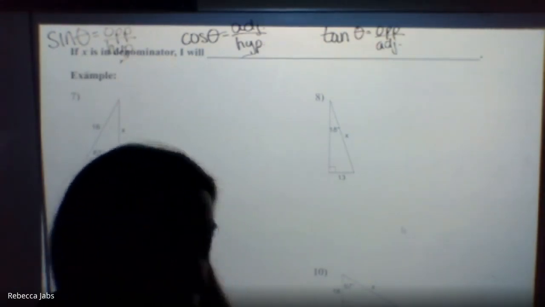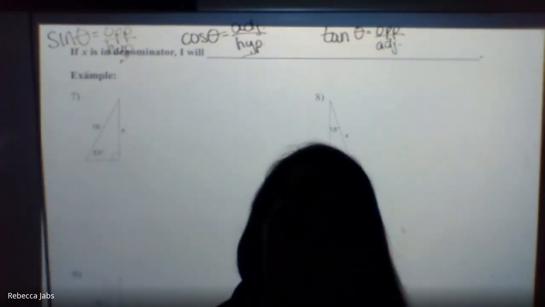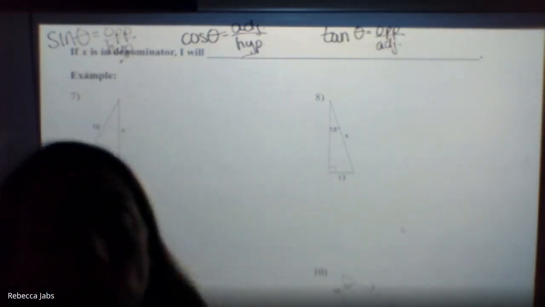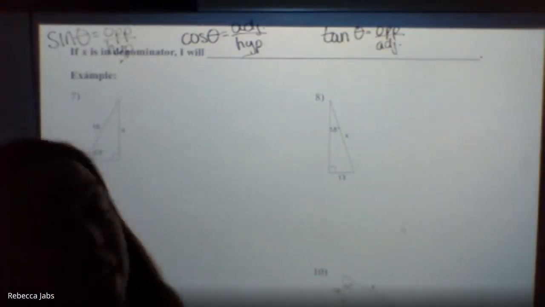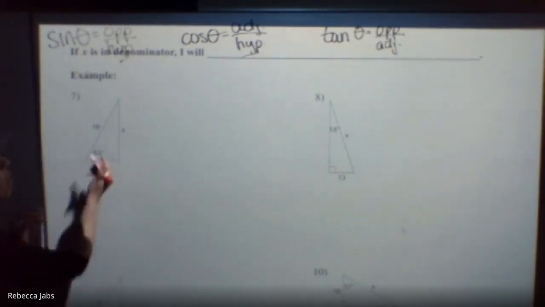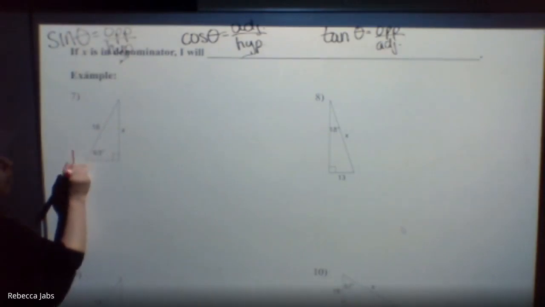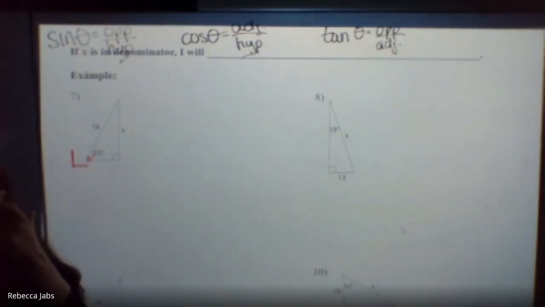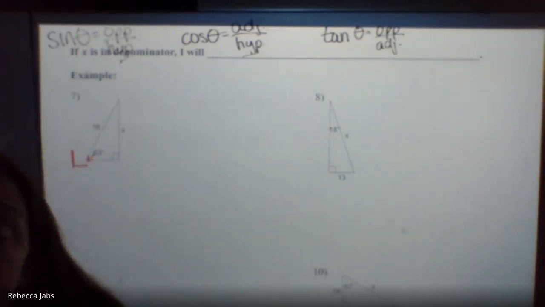Leasia, since I'm going to be calling on you and your name is Leasia, I'm going to call the important angle, angle L. And the important angle in number 7 is the angle that has a number written in it. So I'm going to write an L down here for number 7 because 63 degrees goes down in that angle.